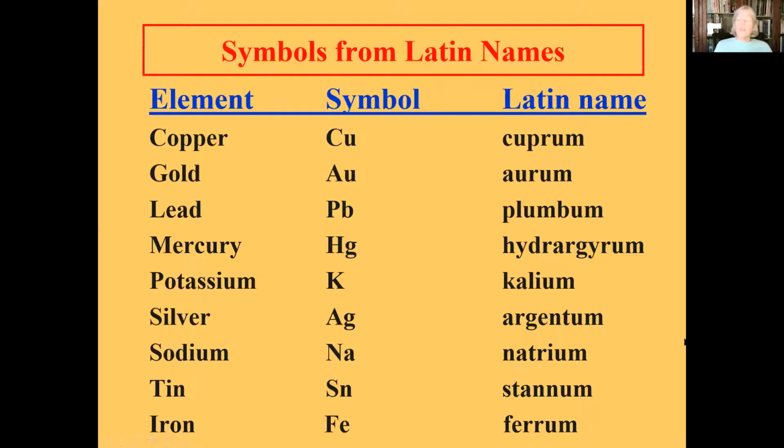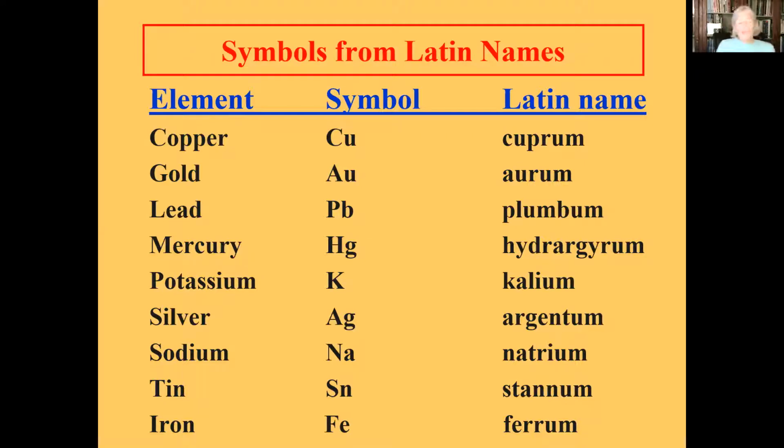I point out that some names of elements are strange, but it's because they're based on their Latin name. I will never ask you to give me their Latin name, but if you're familiar with the Latin name, their symbol makes much more sense. You see, back in the 17 and 1800s, Latin was the language of science.